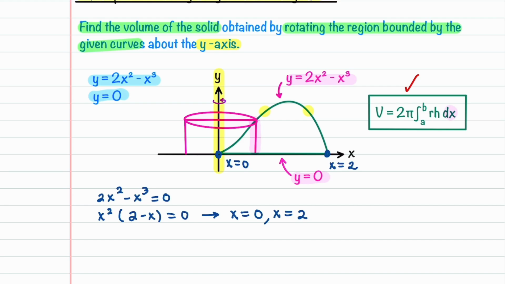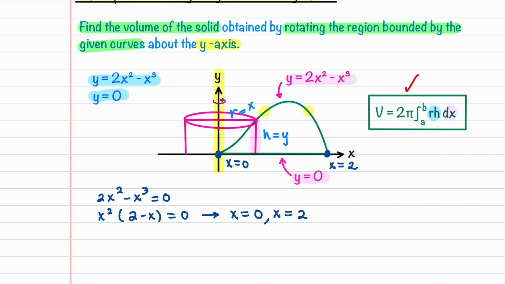What we need to do now is find r and h. This is our radius, and this is our height. The radius is the distance from the curve to the y-axis, and that is equal to x. And then h is the distance from the x-axis to the curve, and that is equal to y.